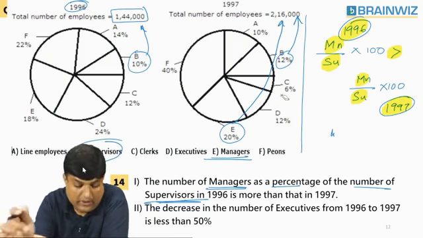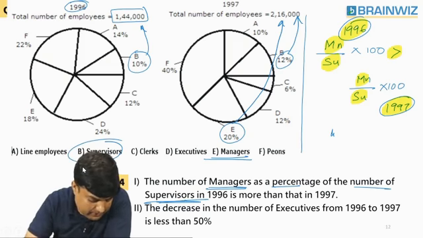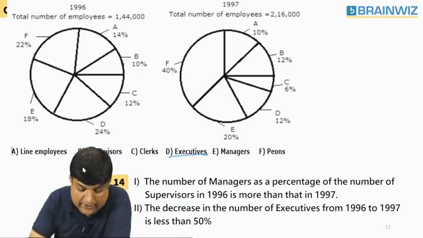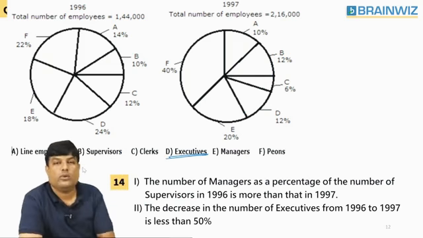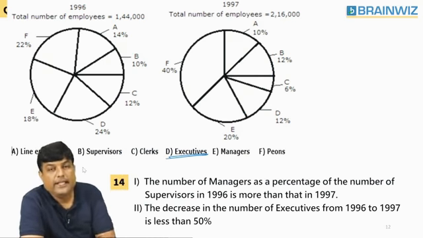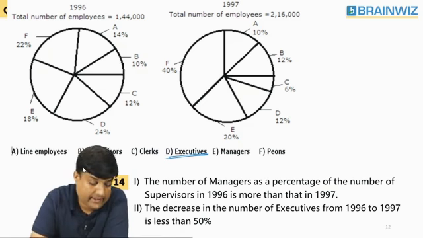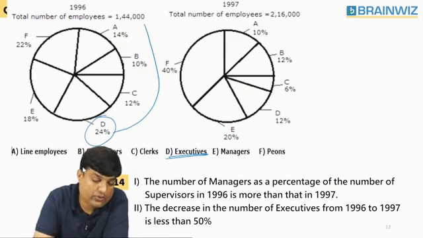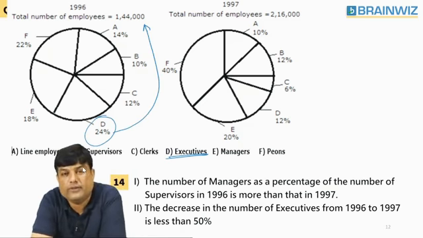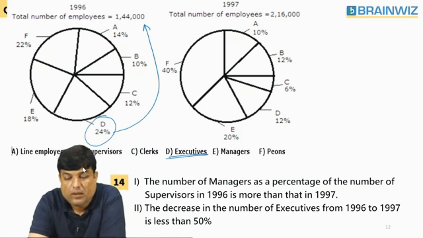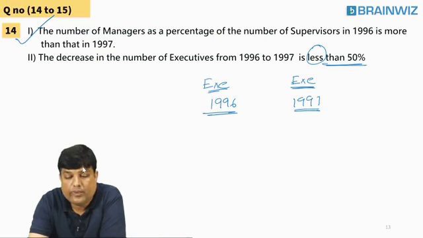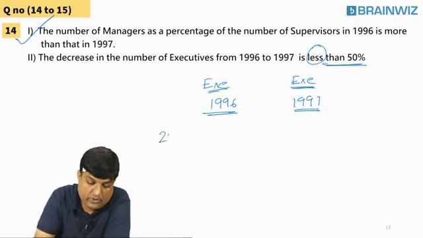Now here, the executives are A, B, C, D, E. Executives are D. What are executives, guys? D in the year 1996 is 24% of 1,44,000.